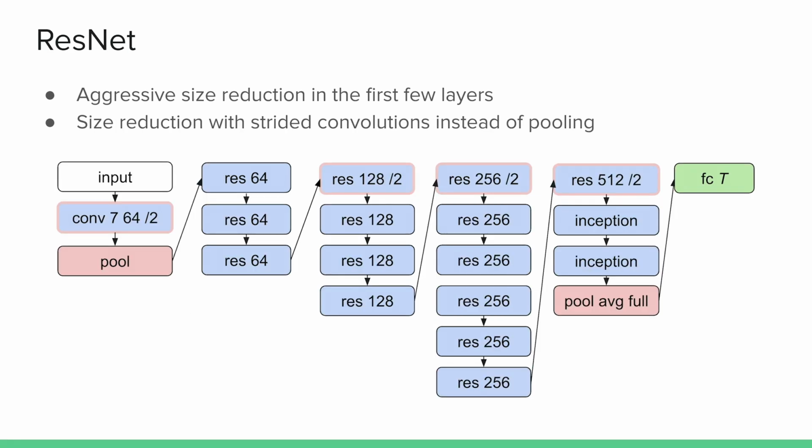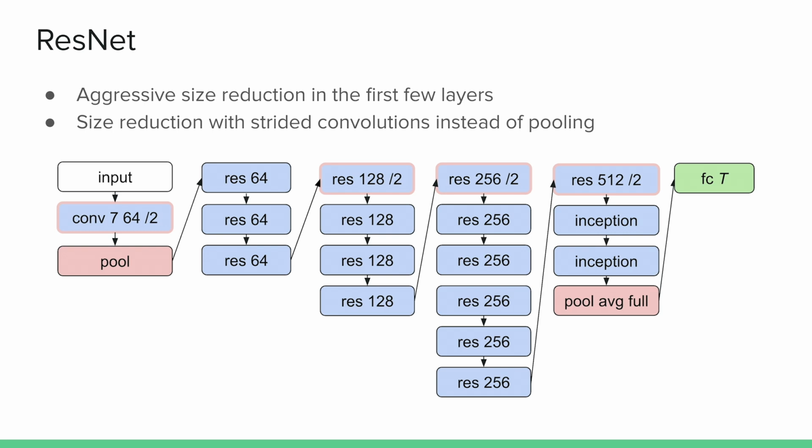ResNet is another network that performs really well, and it employs these residuals that we've seen before. As you can see here, it already has way more layers. I haven't counted, but this is like 20, and there are ResNets with hundreds or even over 1,000 layers.